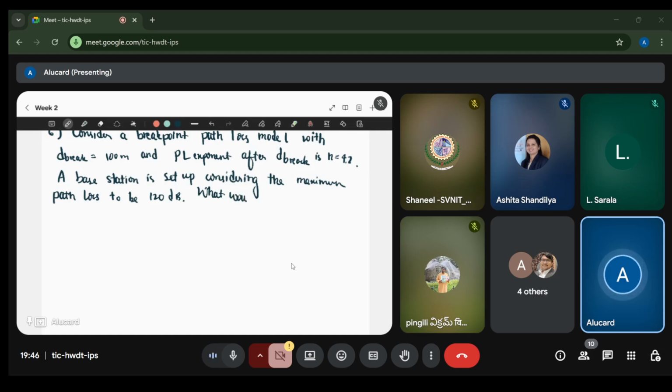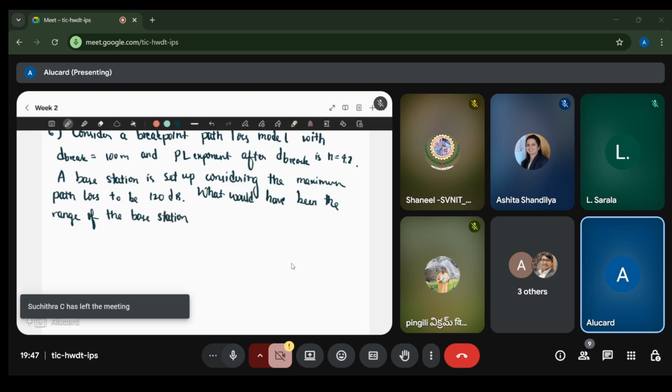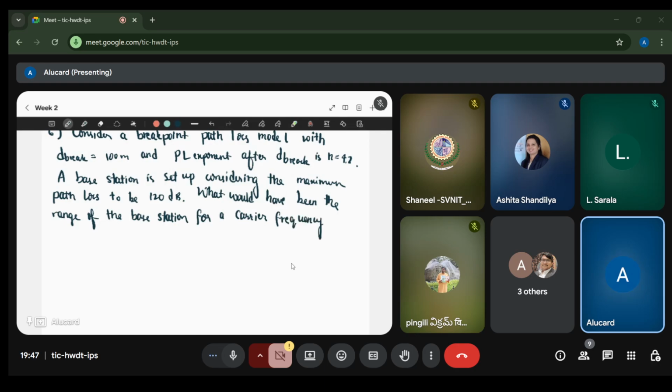What would have been the range of the base station for a carrier frequency 1850 megahertz?